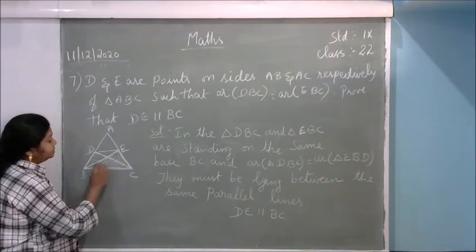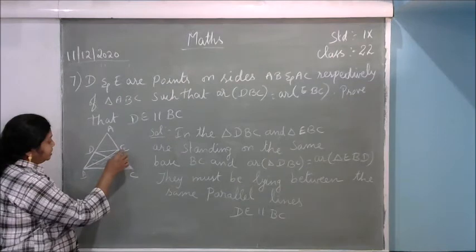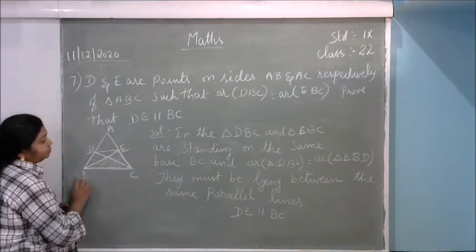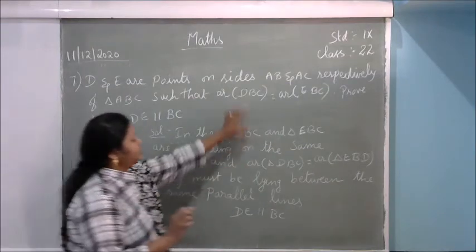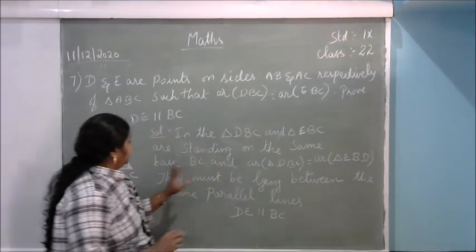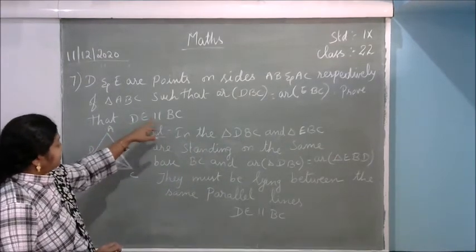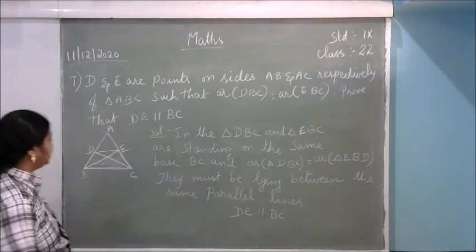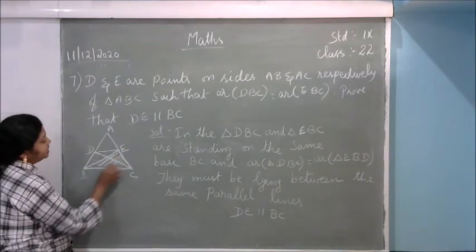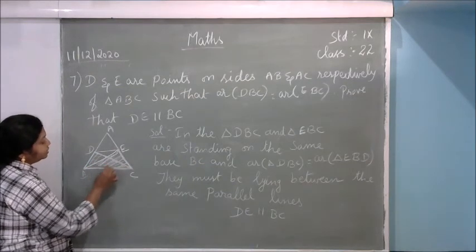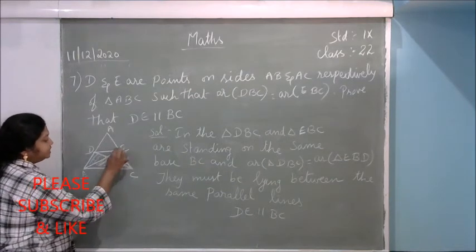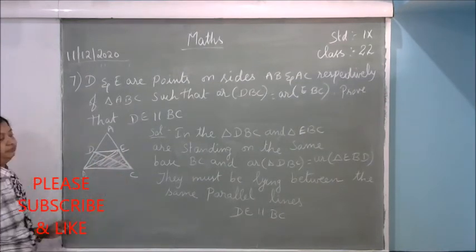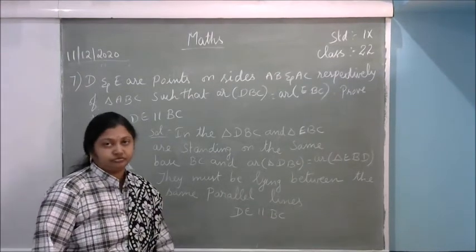So area of EBC is equal to area of DCB. They have already given that. Then what you have to prove? DE is parallel to BC. They must be lying between the same parallel lines. These two areas are equal, means this line segment DE will be parallel to BC. That is your proof.